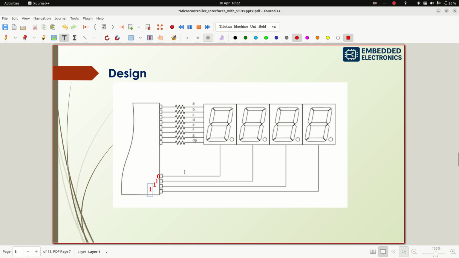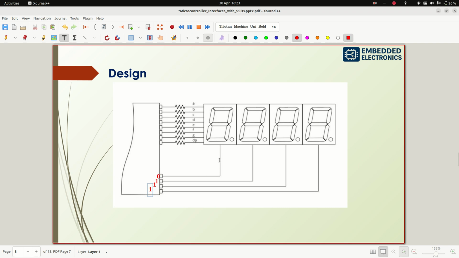All currents are flowing like this. We have so many segment pins, right? So all the currents flow through this particular pin. There may be a chance of short circuit due to high current, as all current is flowing in one control pin.